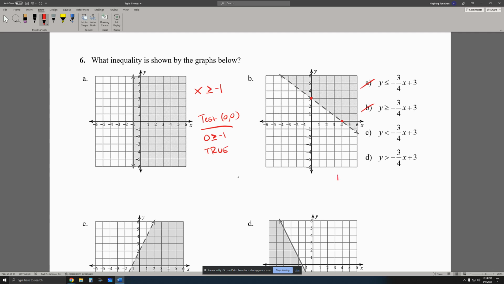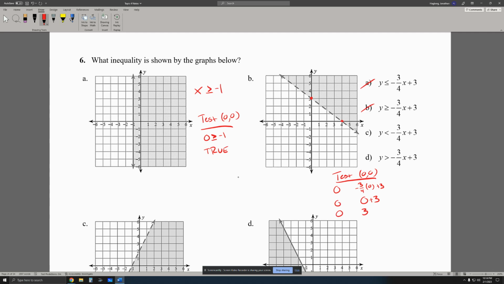Let's go ahead and choose the test point 0, 0 and plug it into the inequality here. So 0 and then some relation to negative 3/4 times 0 plus 3. If we evaluate the right-hand side, we get 0 plus 3, or just 3. The left-hand side is just 0 each time.